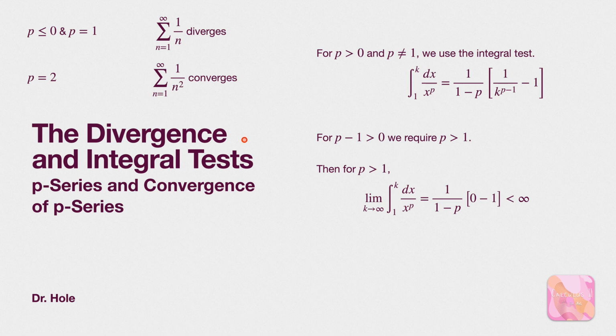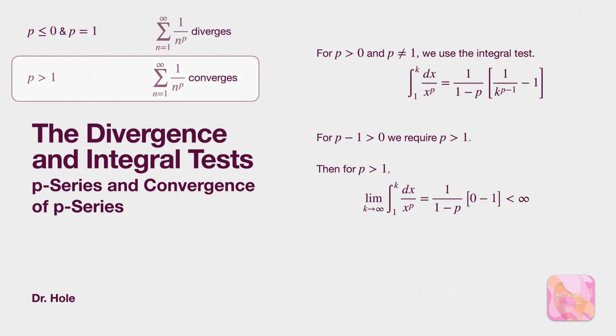Thus, our p-series will converge whenever p is strictly greater than 1, thanks to the integral test. Indeed, we already considered the p equaling 2 case and found convergence. Here, by our calculation and the integral test, we're finding that for any p strictly bigger than 1, the associated p-series converges.